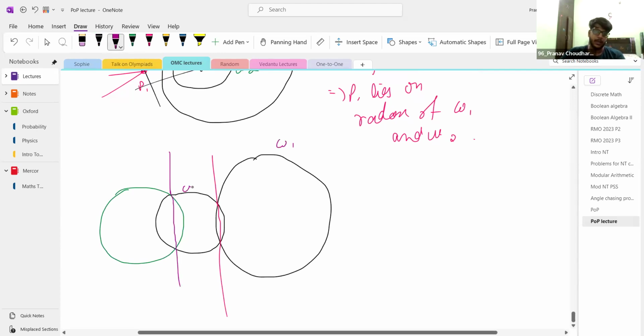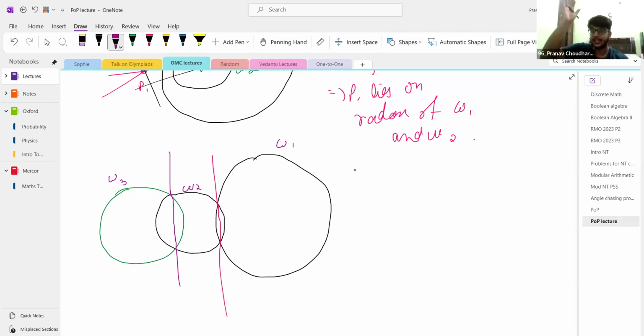So omega 1, omega 2, omega 3. Now the intersection of these two radical axes does not exist. Some people who know projective geometry and are very smart might say that it exists at infinity, but we are working with the real plane, so we're not doing any nonsense of that sort here. Also Ritra, whether the circle is outside or inside doesn't matter. Try to do it on your own, like I told you the method.